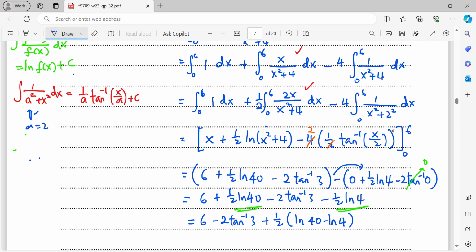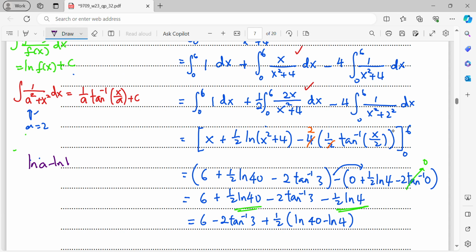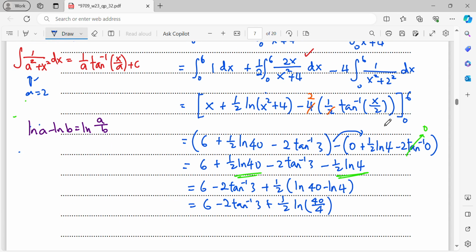The two ln can be simplified using this formula: ln A minus ln B is ln A over B. So by using the formula, you will get 6 minus 2 inverse tangent 3 plus half ln 40 over 4. 40 over 4 is 10. Then that will be the simplest answer.